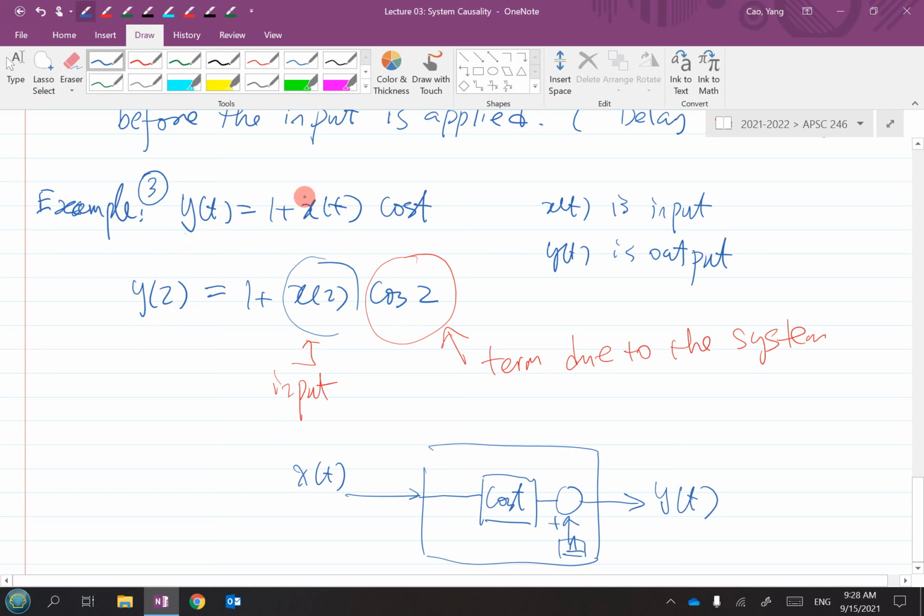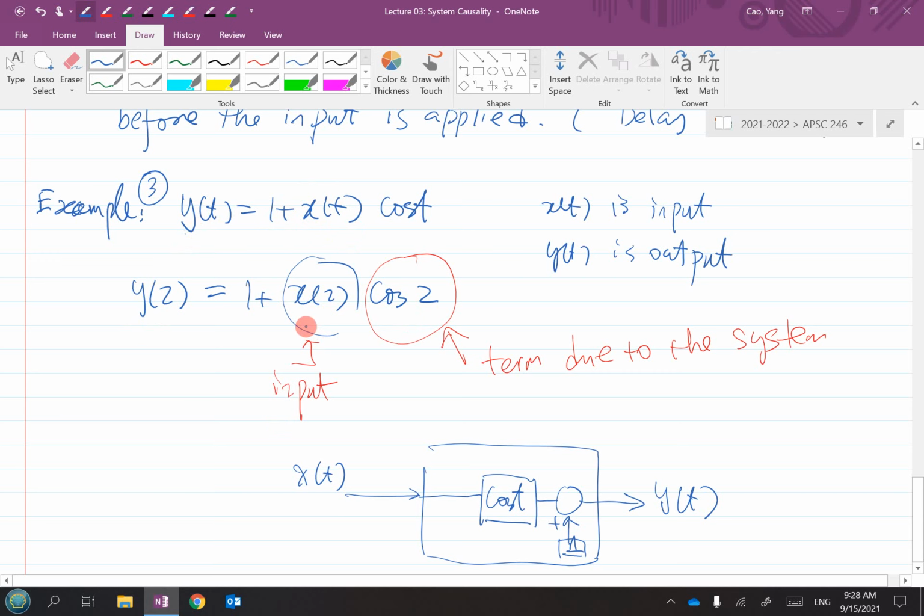The past, the current, or the future? Current, right? So in this case, the output value depends only on the current input value, which is fine, which is a part of the allowed concept in the causal definition.